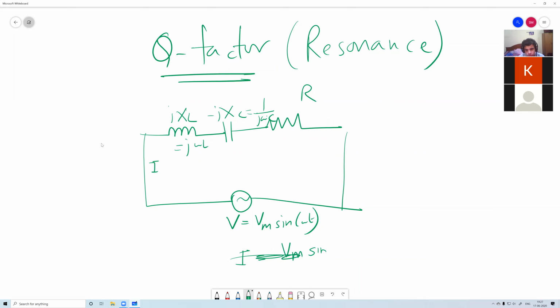V equal to Vc plus Vr plus Vl. And at resonance, Vc and Vl are equal and opposite, so they cancel out. So at resonance, V is equal to Vr. This much we have seen.